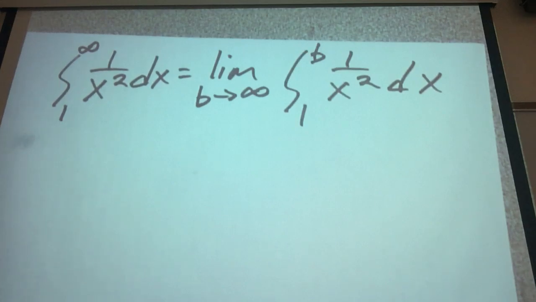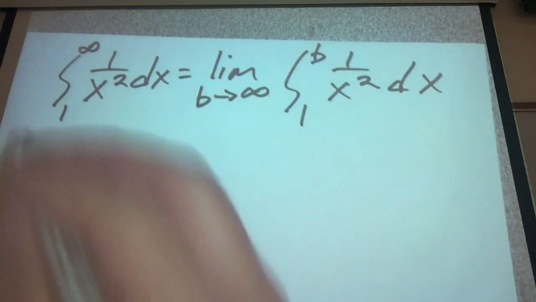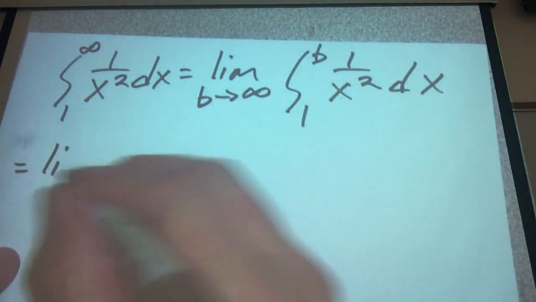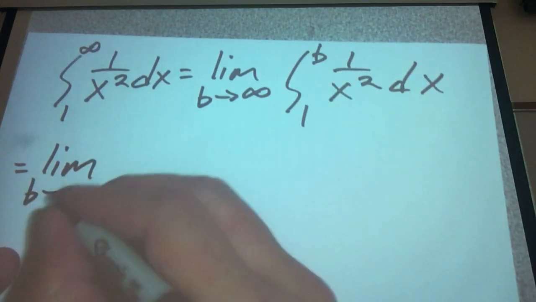Okay, now we can evaluate this integral in the normal way. And so this is going to equal the limit as b tends towards infinity.